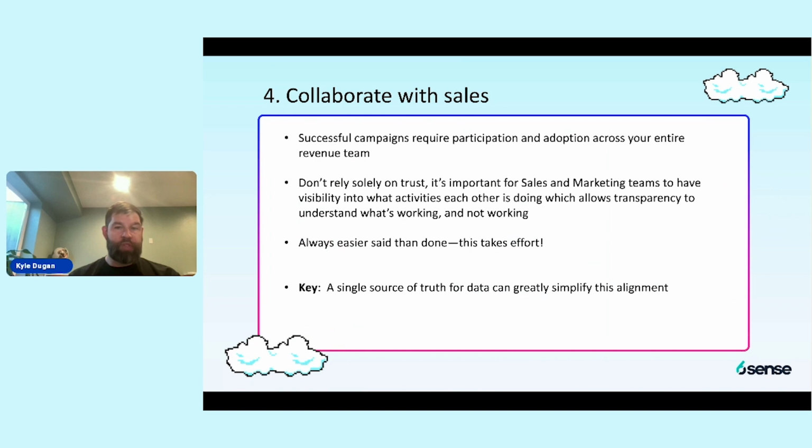It does help to have something that you can use as a source of truth. So I'll show some examples of that within our platform. But really, this is going to be just your teams setting up time to work together to make sure that the accounts are getting sales outreach, they're getting marketing campaigns, and basically just kind of checking on each other and making sure that both teams are doing their job.